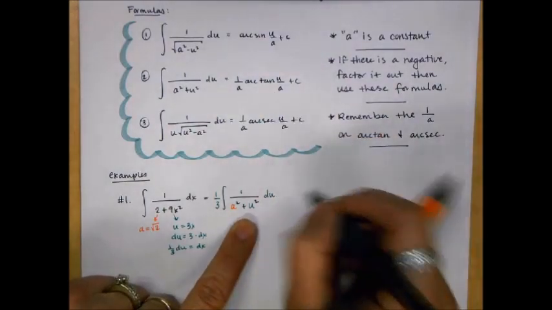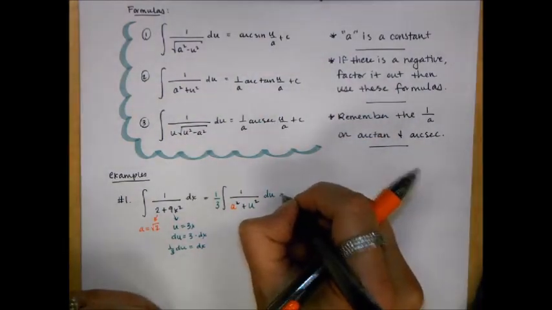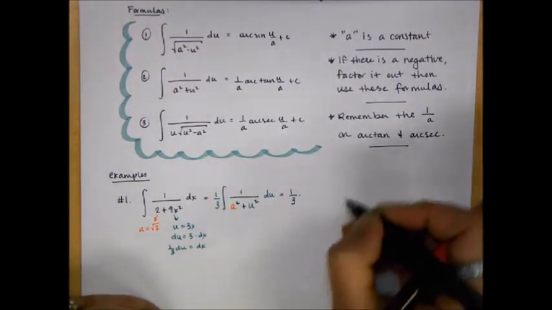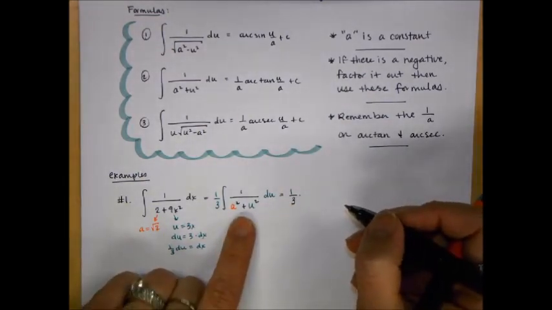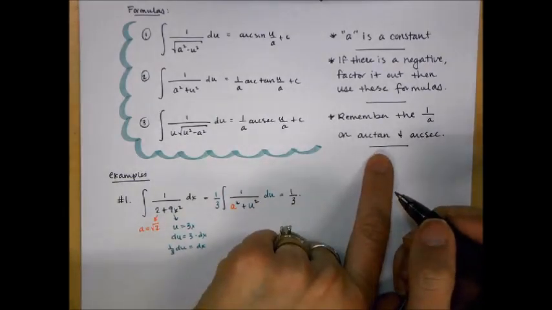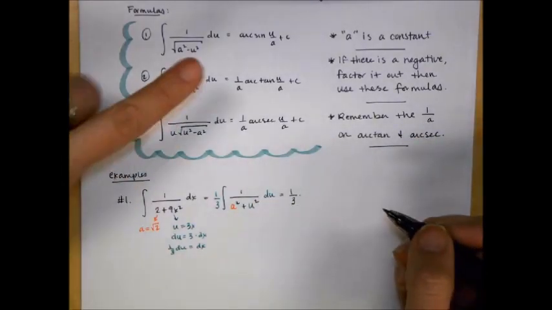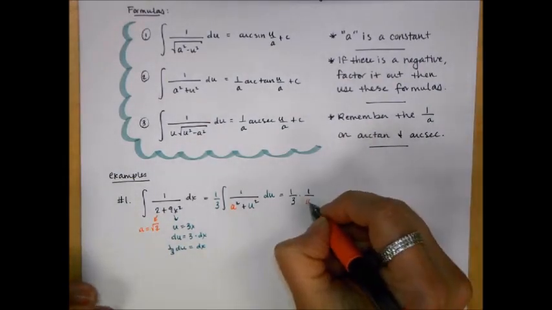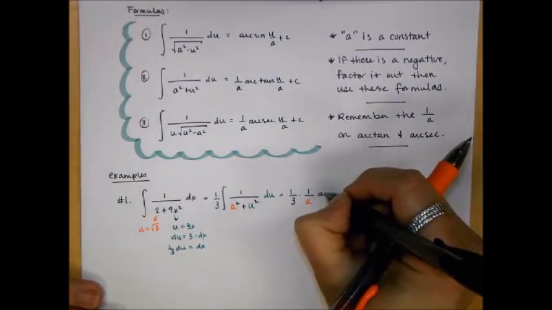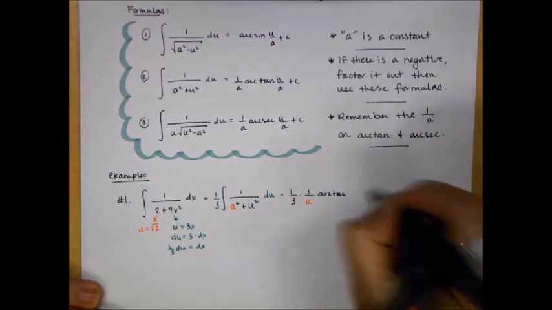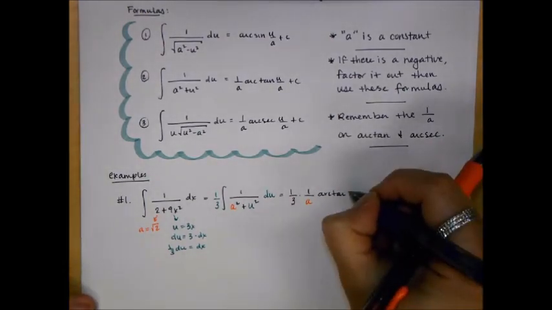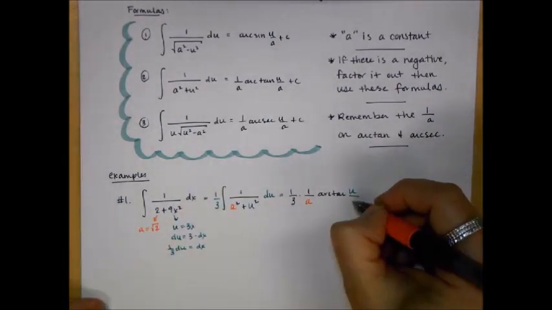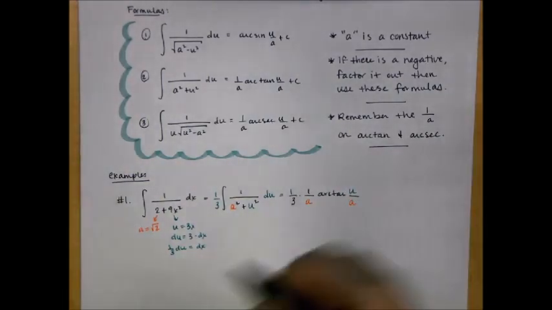So from here, we'll integrate by keeping our 1/3 coefficient. Now, because this is arctangent, we have to remember that arctangent starts off with a leading coefficient of 1 over a in our formula. So we have 1 over a arctangent of u over a, plus c.